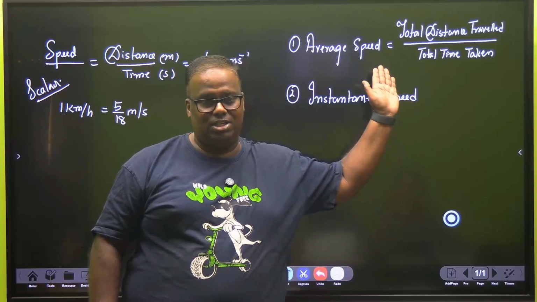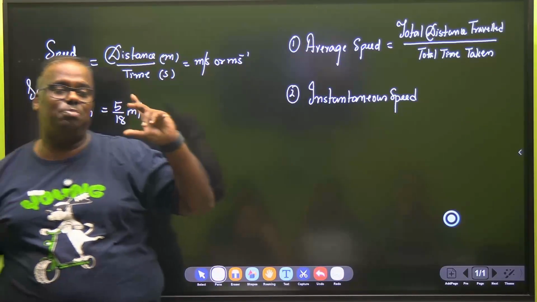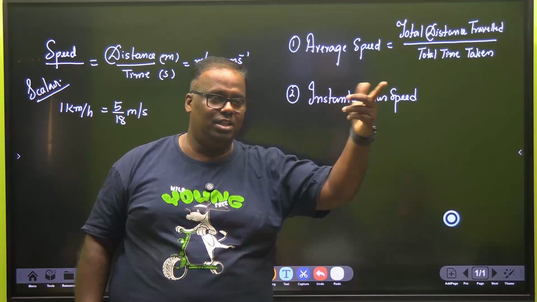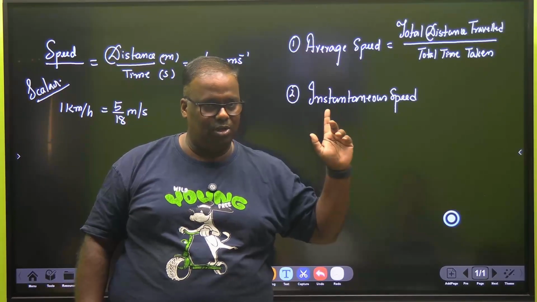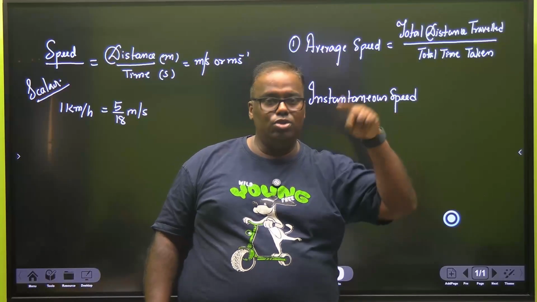It's an average. Your average marks in the exam being 95 does not mean in every paper you scored 95. If in some paper you scored 90, you must have scored 100 in the other paper to balance it up. Are you getting the point? So average speed does not tell us how you traveled.